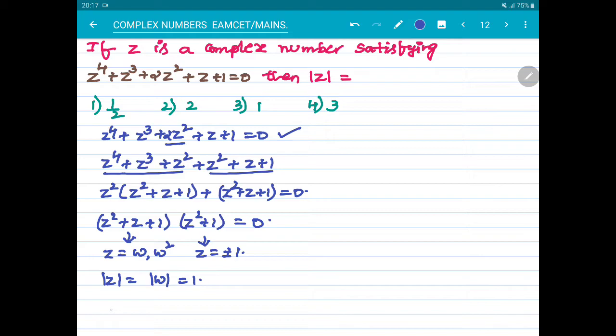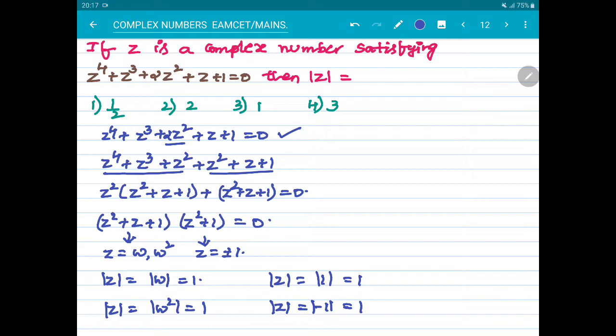Second case, modulus of z is equal to modulus of omega^2, again 1. In the third case, modulus of z is equal to modulus of i, which is 1. And in the fourth case, modulus of z is equal to modulus of minus i, which is 1. In all the 4 cases, we have the modulus value 1.